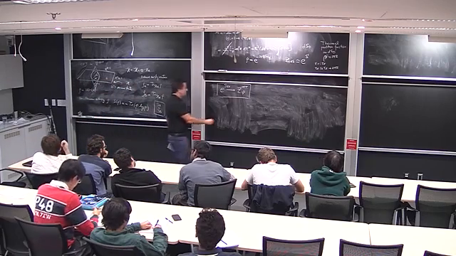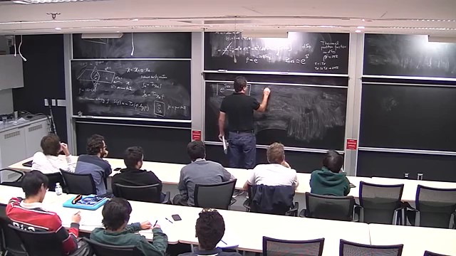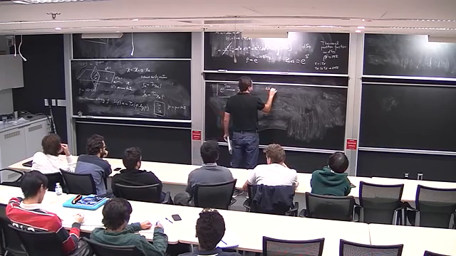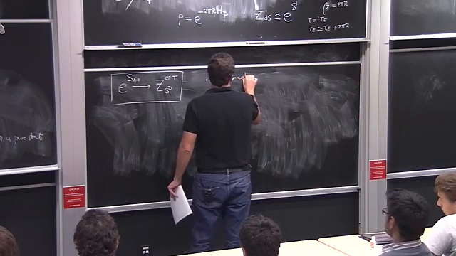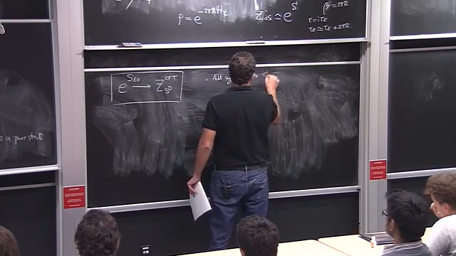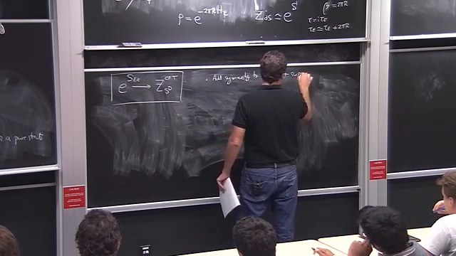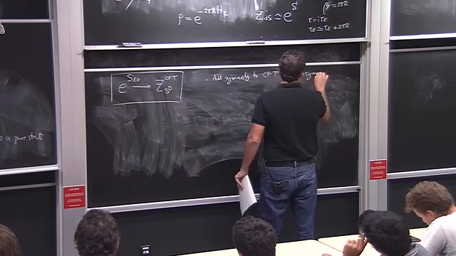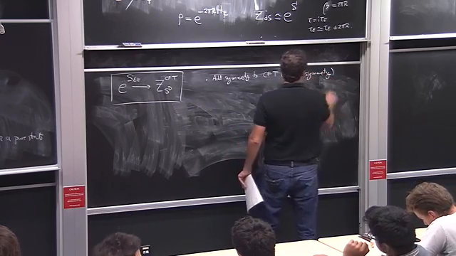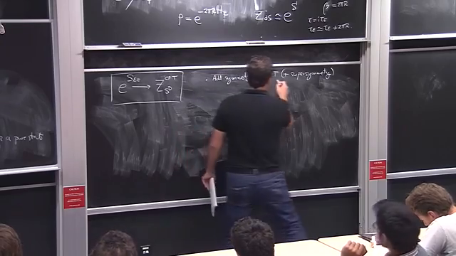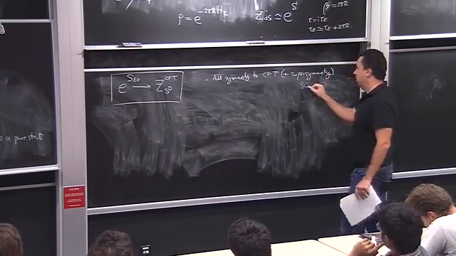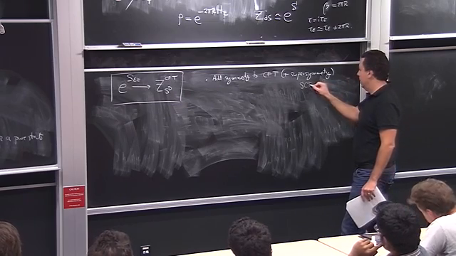But it turns out that if you add symmetries to a conformal field theory, in particular you add supersymmetry, so that what you get is a superconformal field theory. That's what we call them.